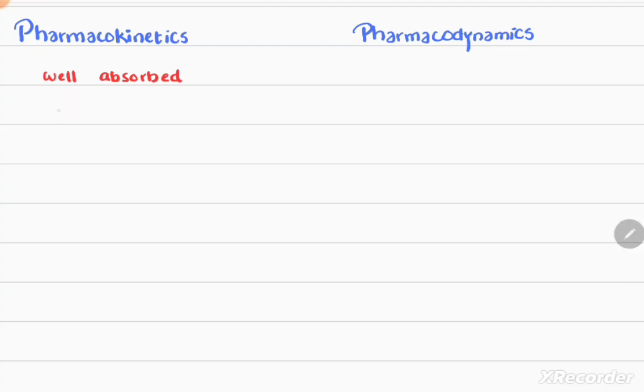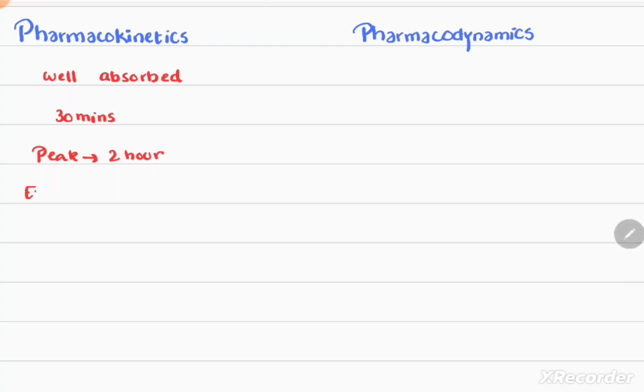The onset of action is 30 minutes, that we will see the effect or the alkalization of the urine after 30 minutes, and the peak effect will come after 2 hours, which means that the effect will initiate at 30 minutes, but the peak of the diuretic activity will be observed after 2 hours of the drug administration.